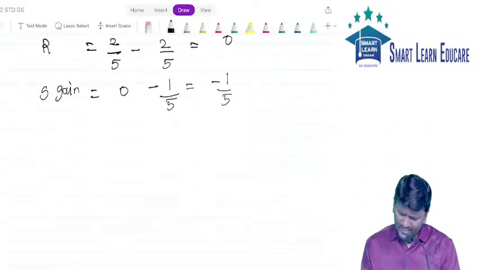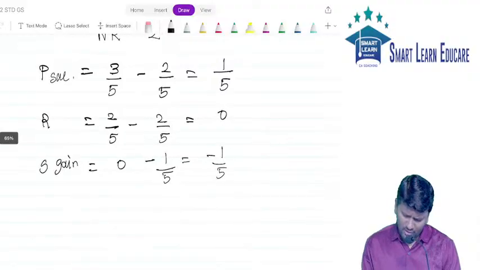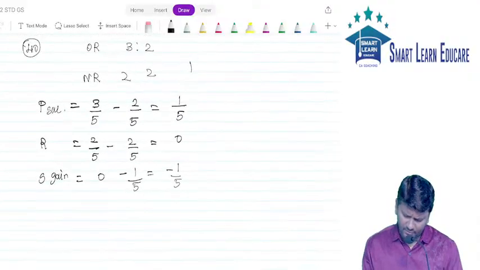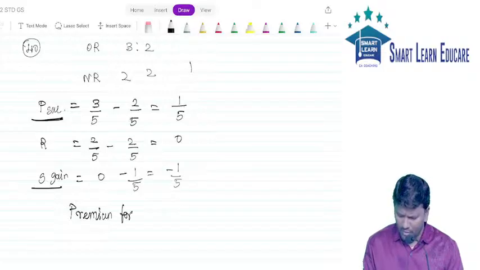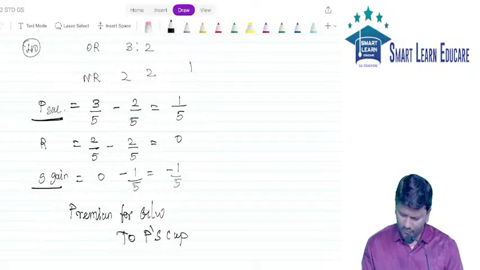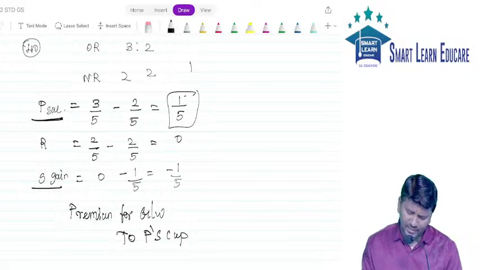Who is the sacrificing partner in this question? S is the gaining partner, P is the sacrificing partner. So the journal entry will be premium for goodwill account debit to P's capital account. For the 1/5 share we should pass the entry.